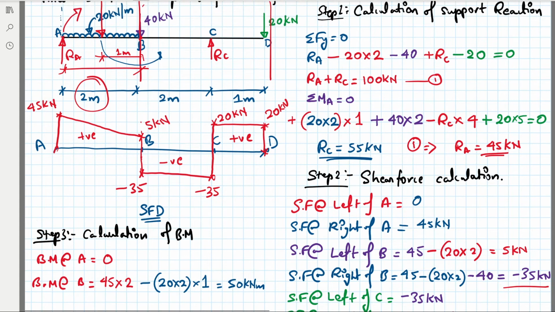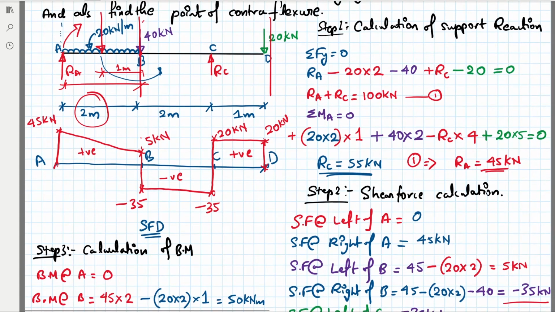Now I'm going to calculate bending moment at C. While calculating bending moment at C, if I consider the left side of the portion, I'm going to take one section here. On the left of that particular section, we have RA, UDL and 40 kilonewton.